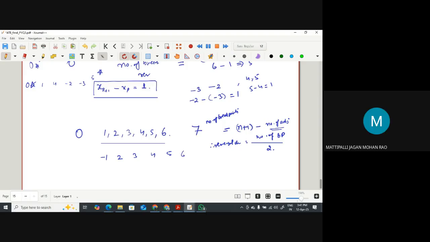Breakpoint is equal to n plus 1 minus number of adjacency, and reversal distance is greater than or equal to number of breakpoints divided by 2. It's a lower bound basically.